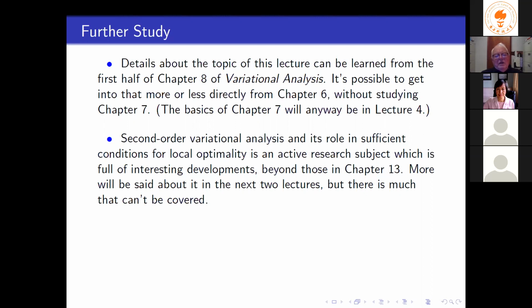And a lot of that in the variational analysis book is in chapter 13 of that book, but that book was finished 24 years ago. It was finished well in 1997, although it didn't come out until the end of 1997 with a 1998 date on it. There's a lot I won't be able to cover, but I hope to explain some of the interesting parts of the second order analysis in the next couple of lectures.